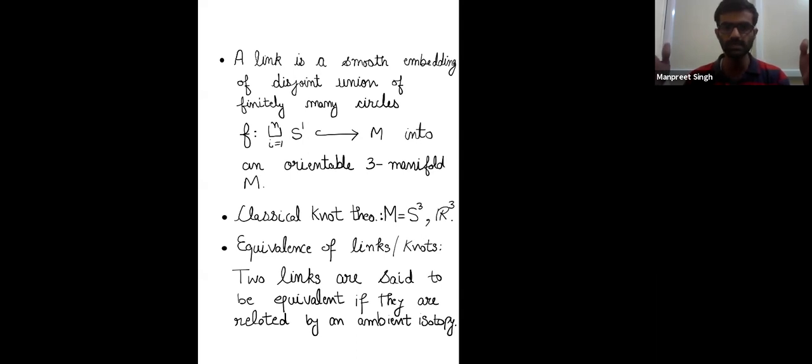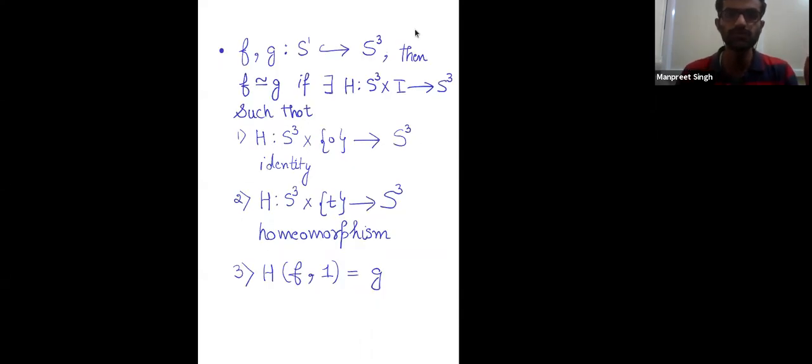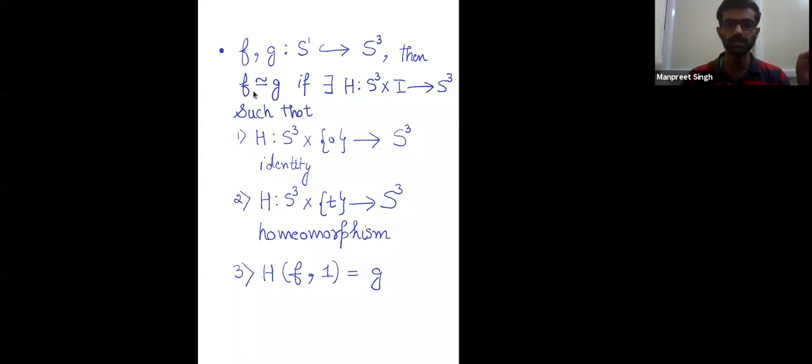We say that two links are equivalent if they are related by an ambient isotopy. This means that if we have two links f and g, then they are equivalent if there exists a continuous map such that it is the identity at time 0 and at each time it is a homeomorphism, and at time 1 it maps one link to the other link.